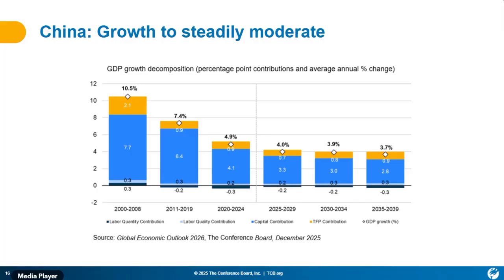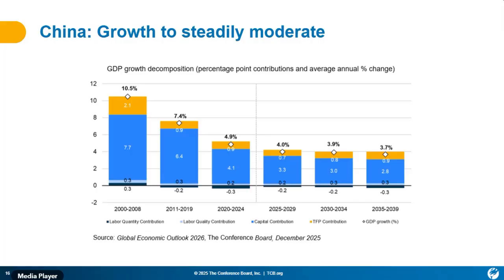Now, back to your introduction at the beginning, these are trend growth rates or potential growth rates. The actual GDP will fluctuate pretty significantly around this average level going forward. And China has a lot of difficult issues to work through with its economy as it transitions from an emerging economy to a mature economy. There are a lot of important structural imbalances that need to be addressed.